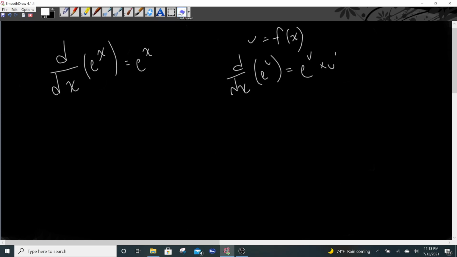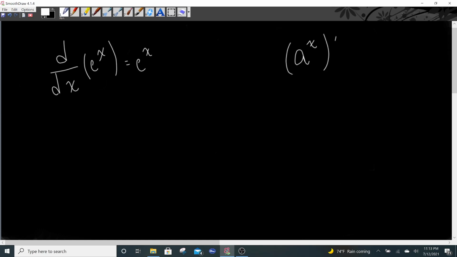But still, we're trying to find the derivative of a to the x, right? How could we make this into some offshoot of that? I think that might go to another thing we were talking about.